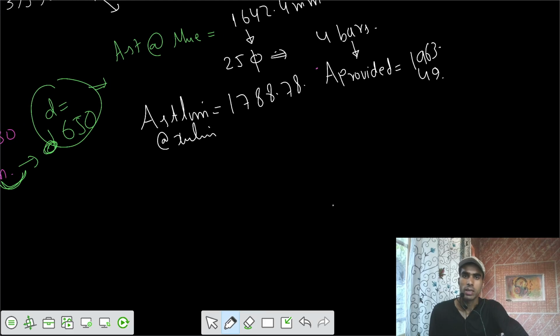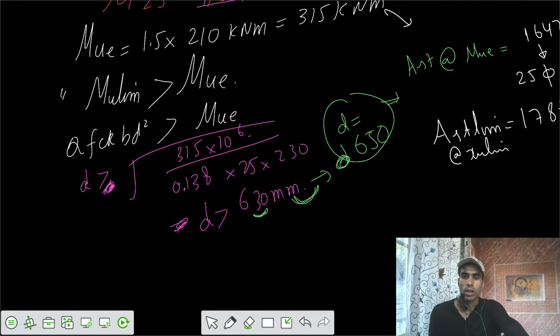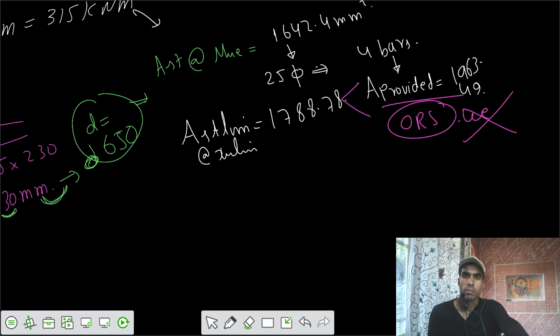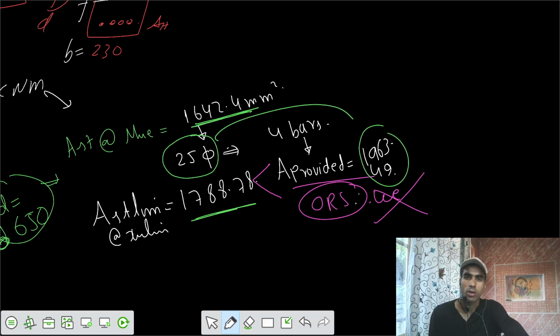AST limiting is lesser than AST provided, so this is an over reinforced section, which we don't prefer. So there is a problem with that, and we have to increase the depth. You needed 1642, but you provided 1963 as per the diameter of the bars, and it was greater than limiting.